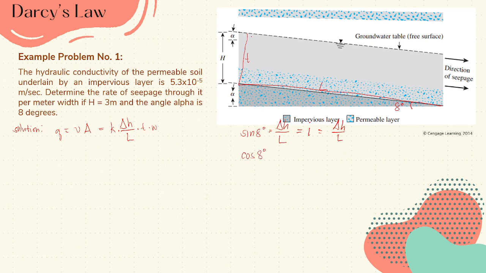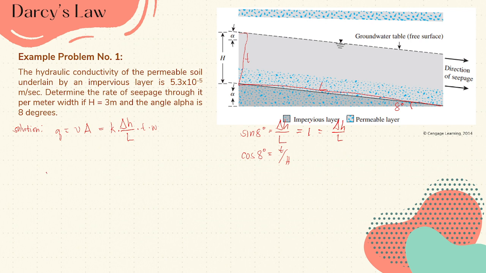Because this is our thickness, we can write cosine 8 degrees is equal to t all over height h. And then there is no problem for the width because the problem indicates that it is per meter width.